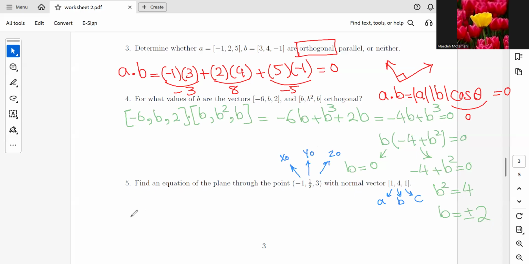Following the formula, we would have A, which is 1, times x minus x sub 0, plus B, which is 4, times y minus y sub 0, plus C, which is 1, times z minus z sub 0, equals 0.